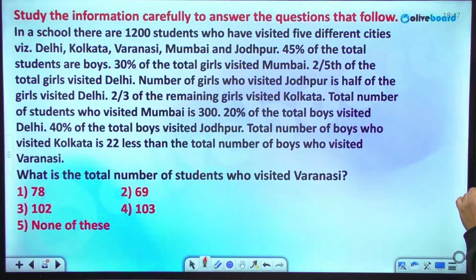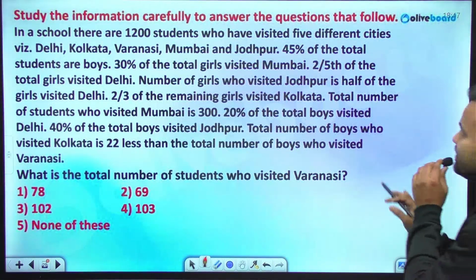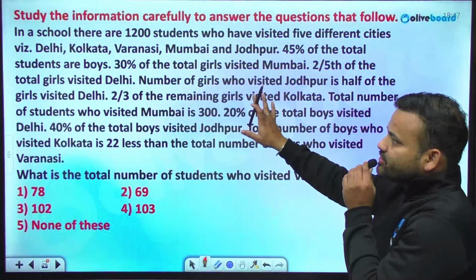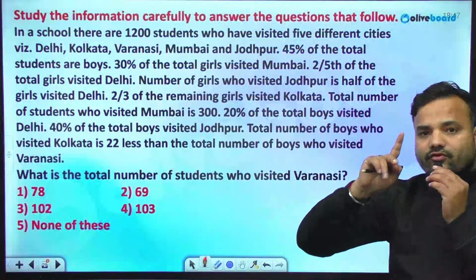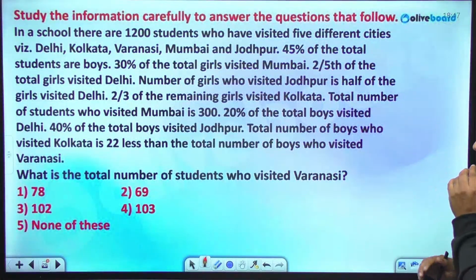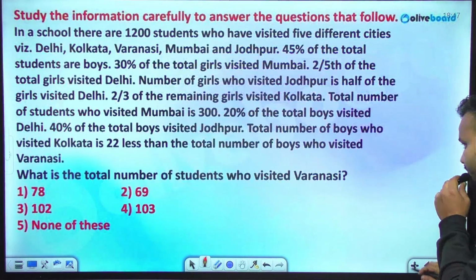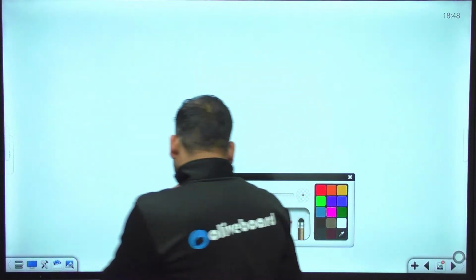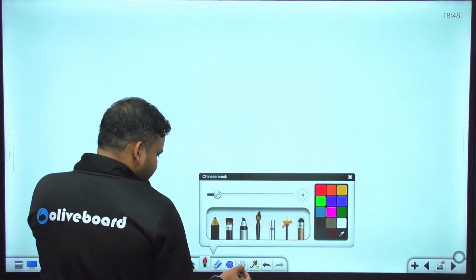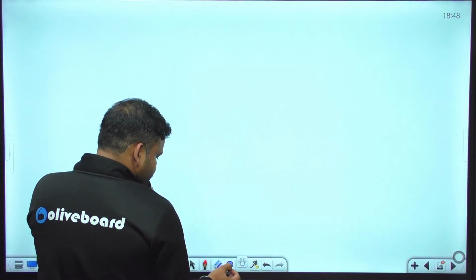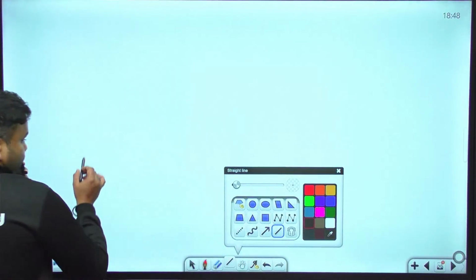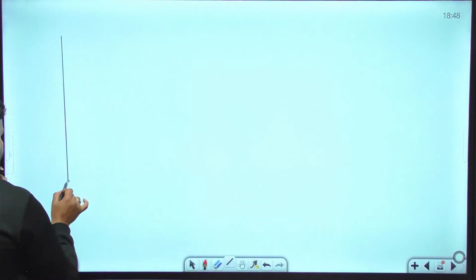So the ratio of girls and boys, we have girls and boys and 5 cities. So the diagram will be of 2 by 5. Let's prepare this diagram.